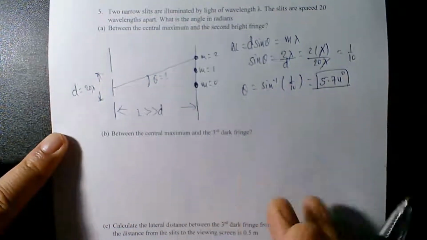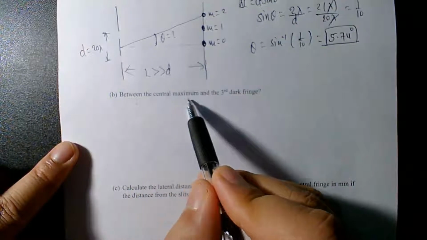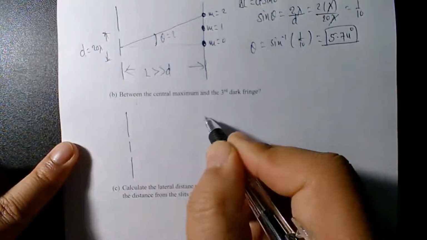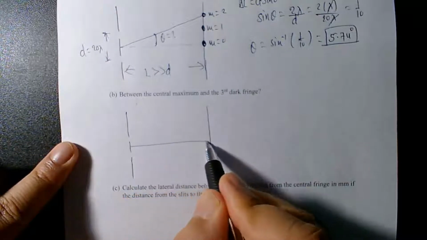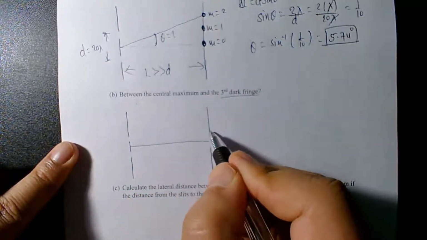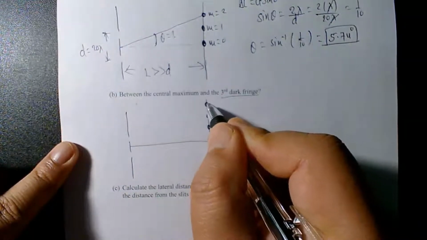Okay. The second question is just a continuation: between the central maxima and the third dark fringe. Same double slit, but now you're measuring the angle for the third dark fringe. The central will be bright, and let me first draw the fringes.